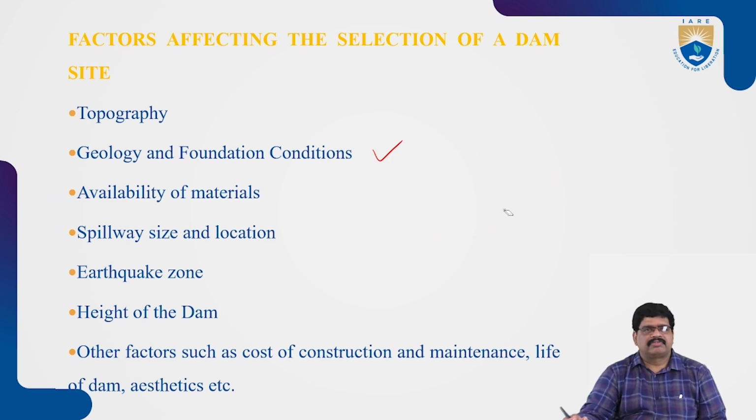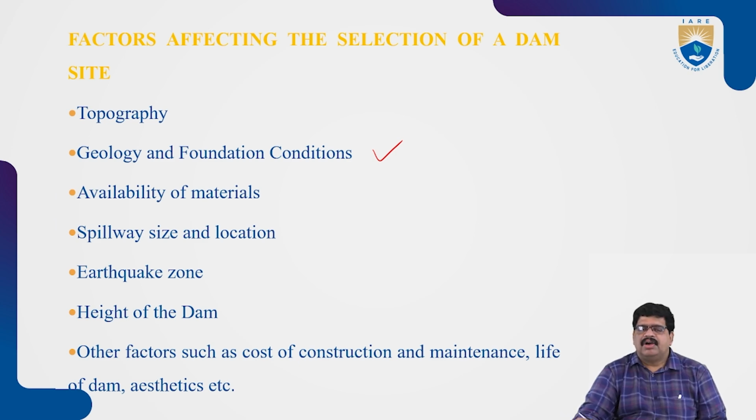The next one is the earthquake zone. Very important, as I told. In an earthquake zone, due to the heavy weight and heavy construction, some areas may be influenced by earthquakes.